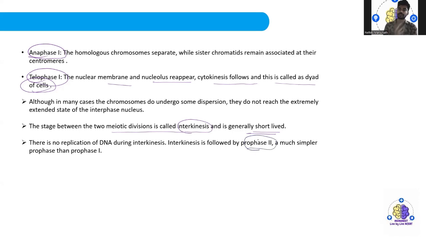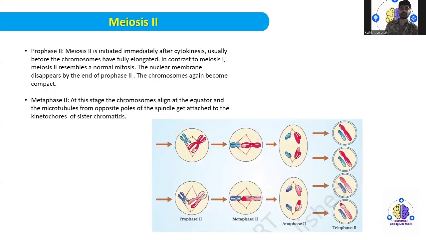Much simpler when compared to prophase 1. So we have prophase 2 here, which is meiosis 2. What happens in prophase 2, as you can observe here? One thing that you are going to observe is that two kinds of division will occur. Meiosis 2 is initiated immediately after the cytokinesis, usually before the chromosomes have fully elongated.